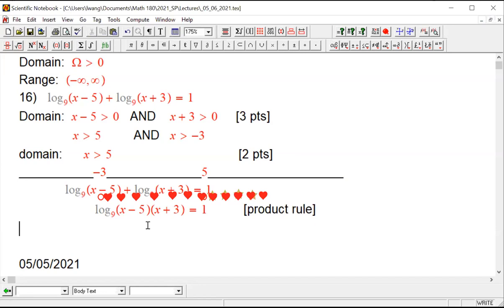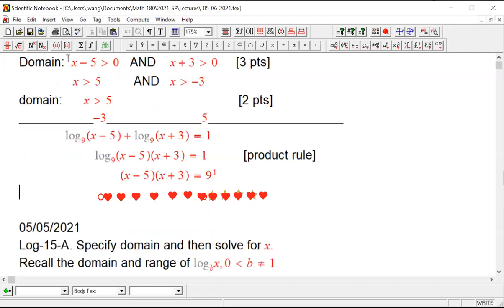The next step, we're going to use the definition. So x minus 5 times x plus 3 equals 9 to the power of 1. It's just 9; you don't have to write 9 to the power of 1, either way.